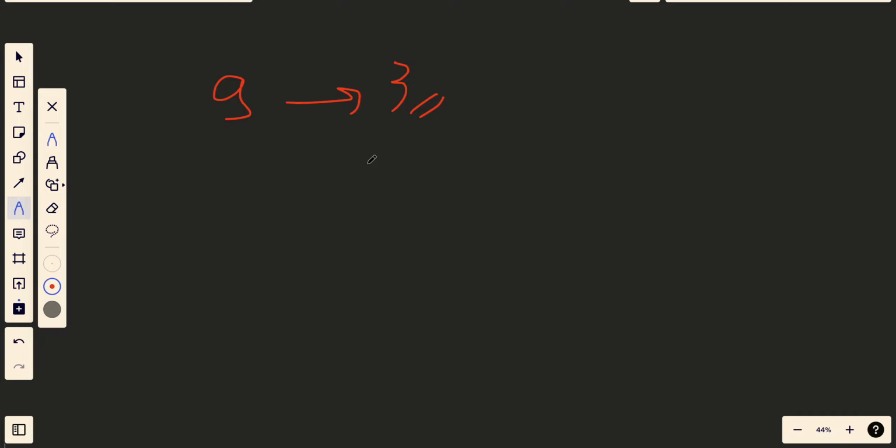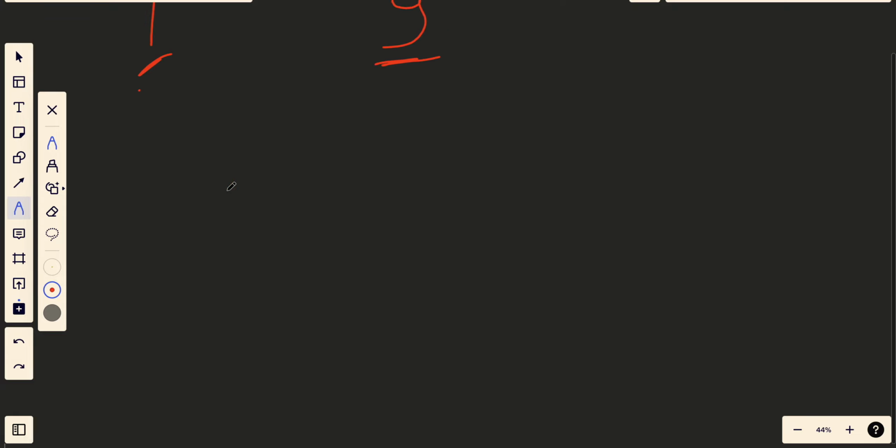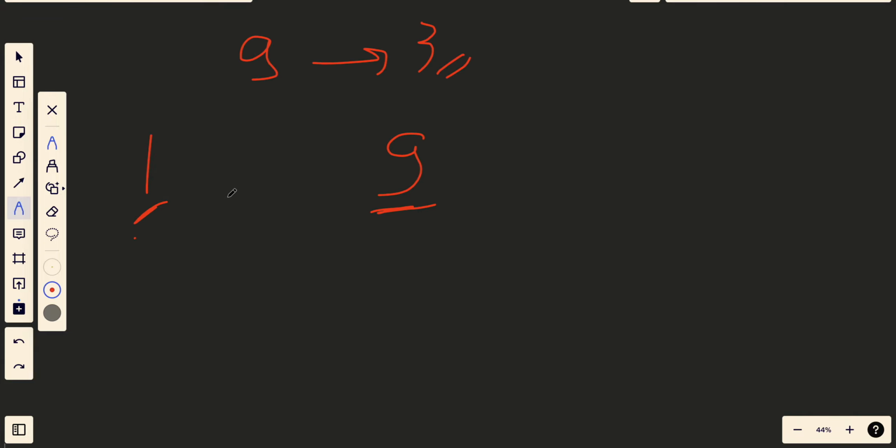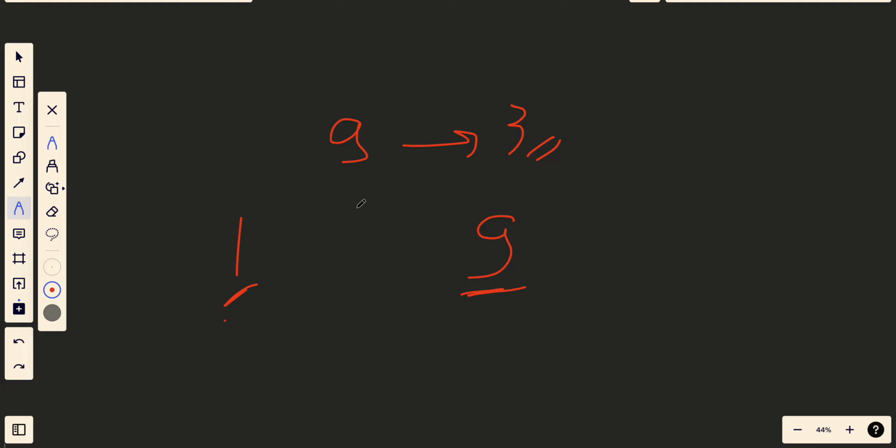Basically we could take a binary search, where 9 will be the right and 1 will be the left, and we just find a mid. It will maybe be 4, and we will try to see if this one equals 9 or not.